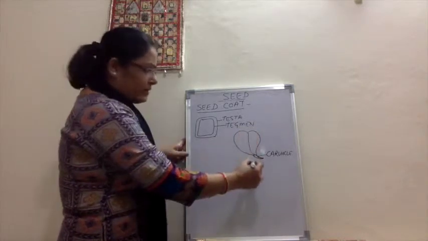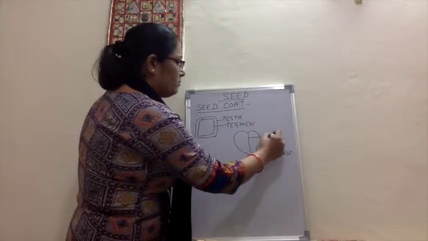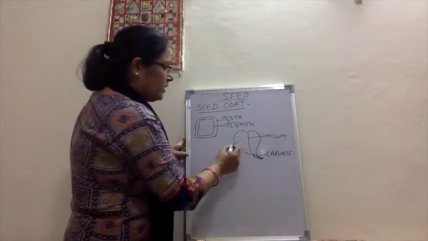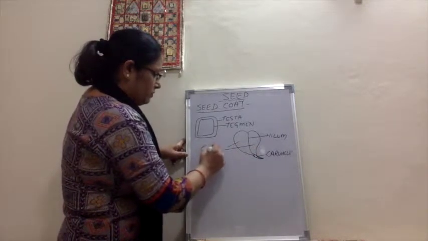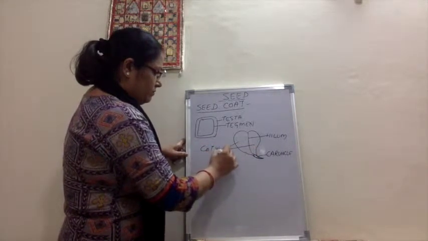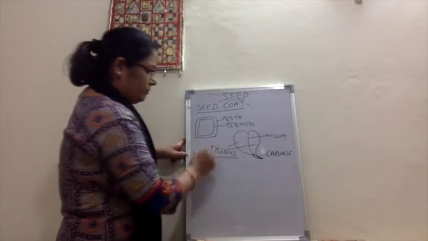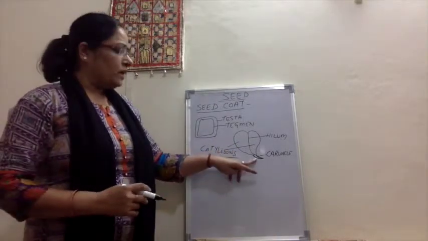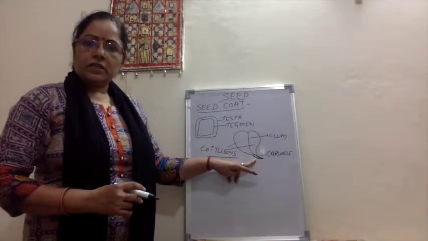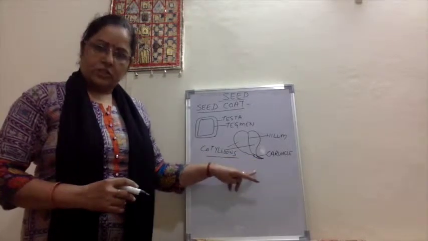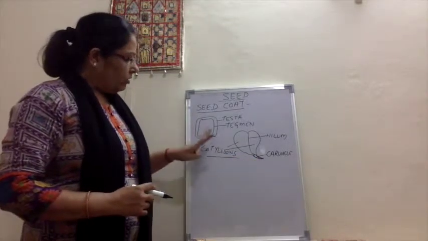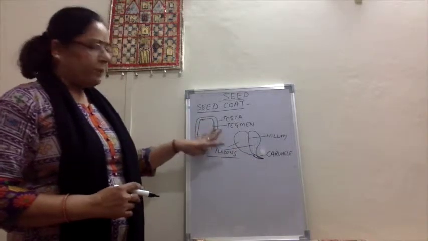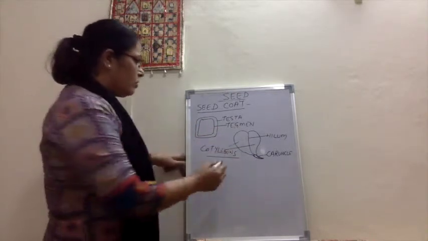And there is one scar that is called hilum. And these are the two cotyledons. This caruncle absorbs moisture at the time of seed germination. Now, the outer covering is also called perisperm.